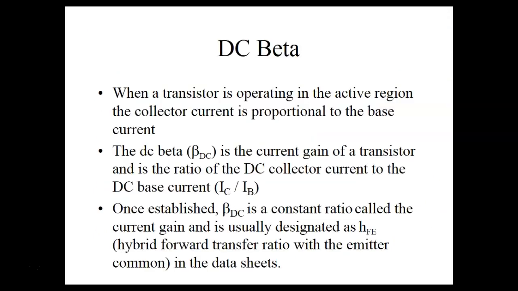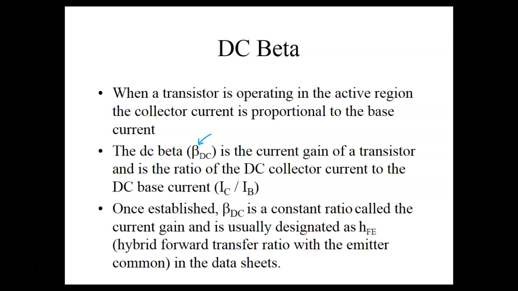BJT characteristics and parameters. So we'll look at this. When a transistor is operating in the active region, the collector current is proportional to the base current. We refer to this as the DC beta, and this is the abbreviation right here. It is the current gain of a transistor and is the ratio of the DC collector current to the DC base current.